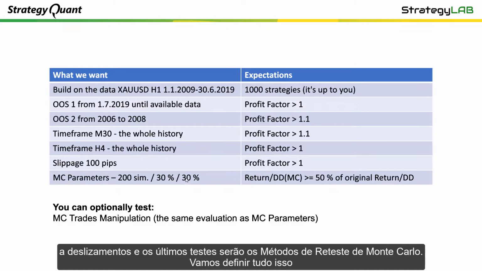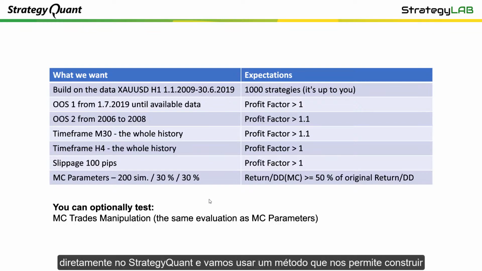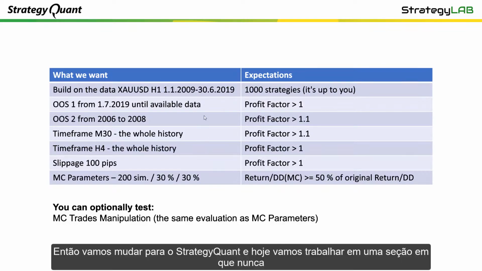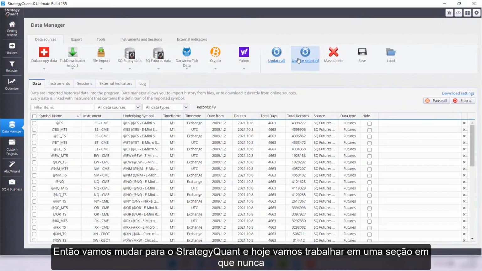We are going to set all of this directly in StrategyQuant, and we are going to use a method that allows us to build these strategies faster and basically set up everything you see in this table all at once.